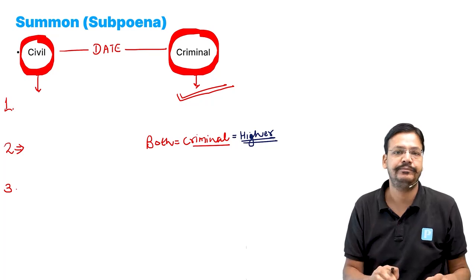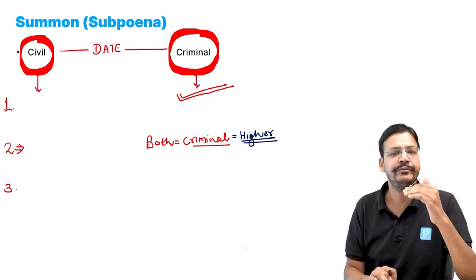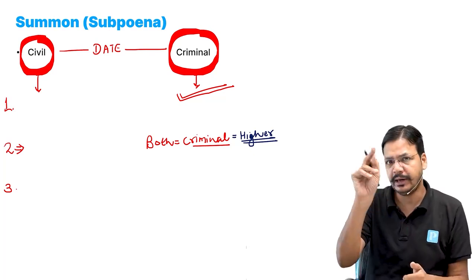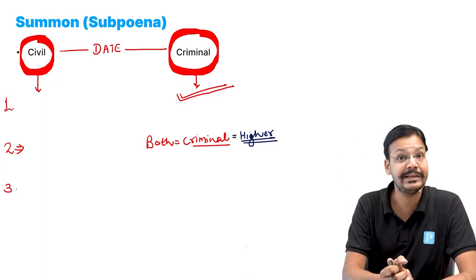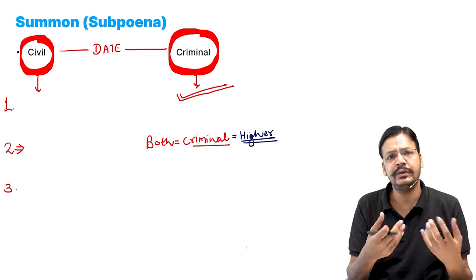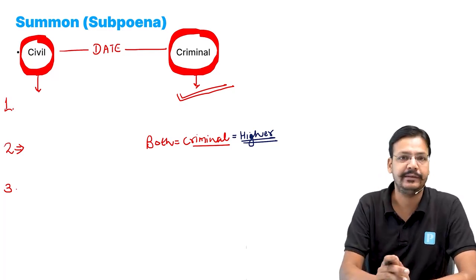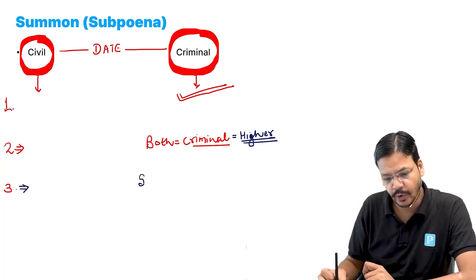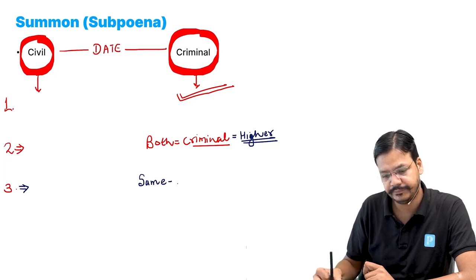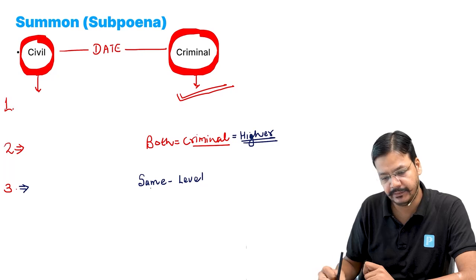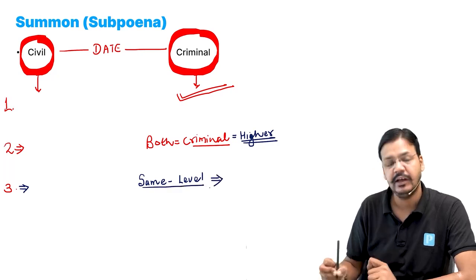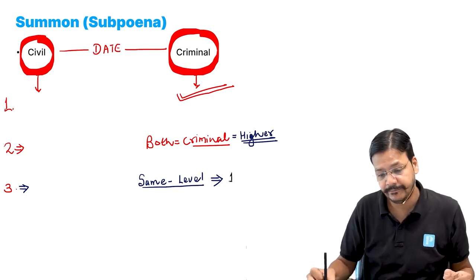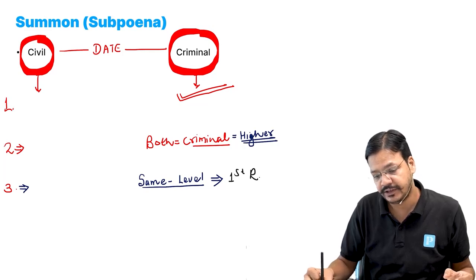For example, if you got a summons from a session court and another from a high court, and both are criminal, you will attend the high court because the high court is higher than the session court. Even if both are civil, just see which is higher. Now the third situation, listen very, very carefully: if both courts are of the same level, you just attend the summons which has been received first.